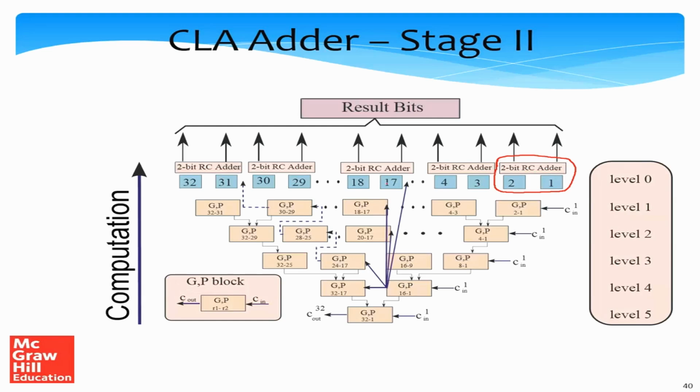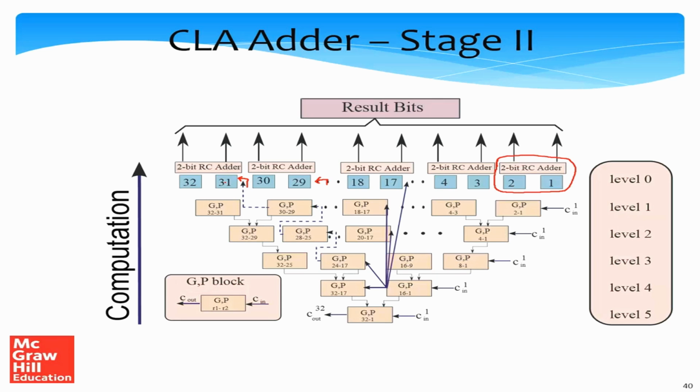But the main thing that stops us from doing the addition is that we don't know what the carry is. For example, for the 29th and 30th bit pair, we don't know what carry is coming in. Or we don't know what carry is coming into the 31st or 32nd adder. If we know all the carries that are coming into these adders, we can quickly, in order one time, do the addition.